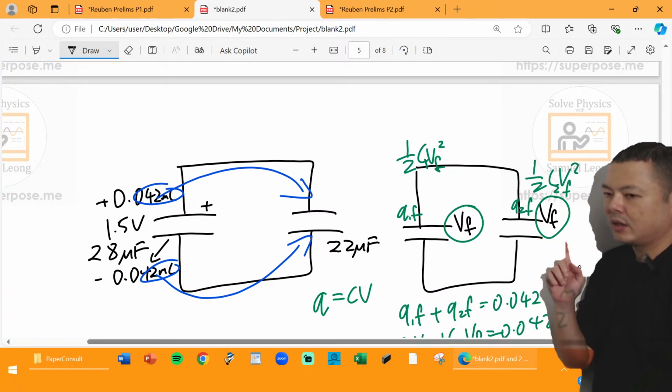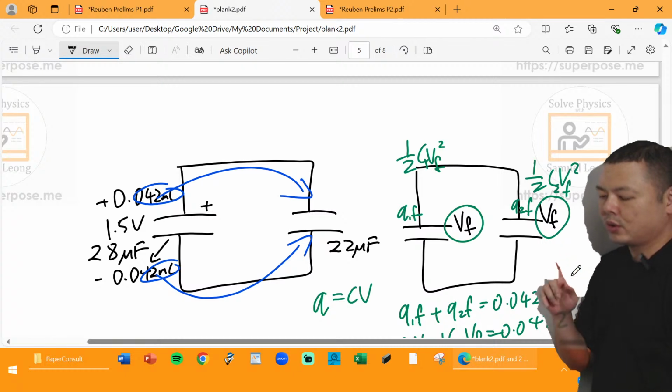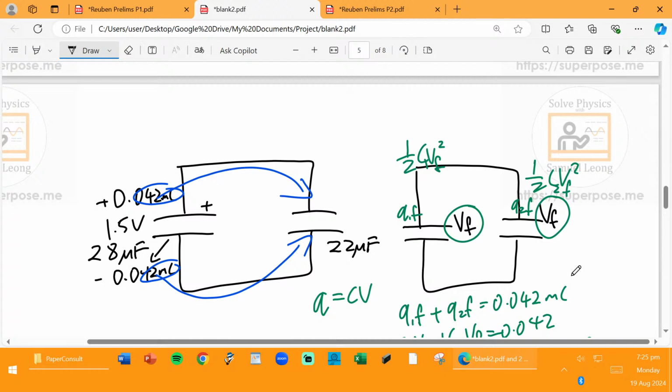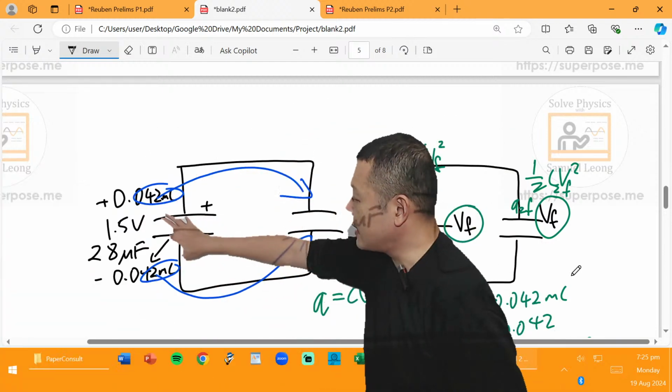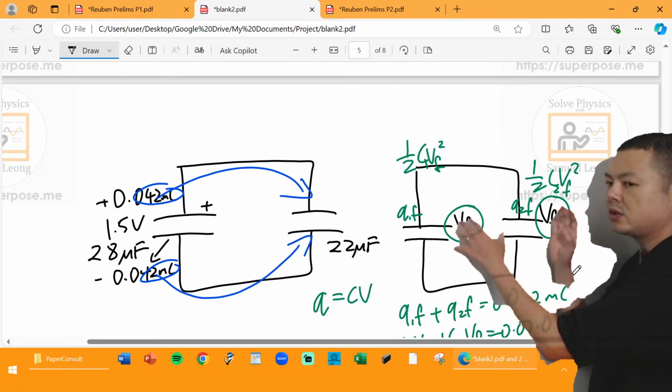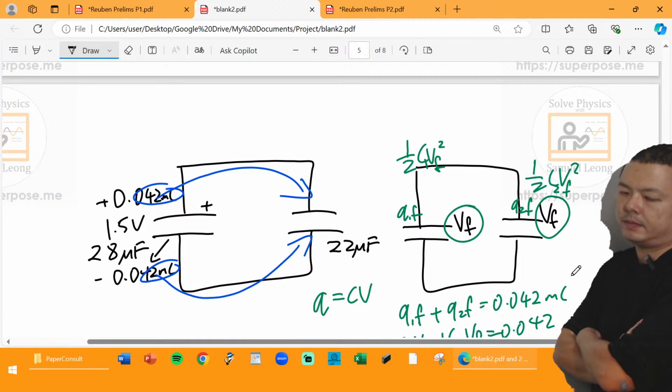Okay, so let me see the question. Transfer from the C1. So it means how much this one lost. Yeah. So if they're asking for how much this one lost, you have to take this one, minus away these two. But doesn't it transfer energy to C?